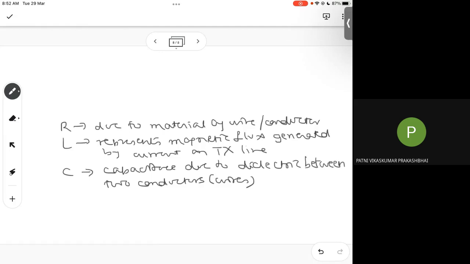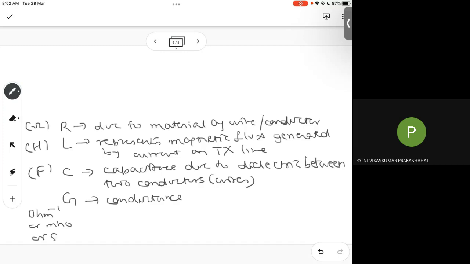And then we have the G. L has got the unit of Henry, C has got the unit of Farad, and G is what we call conductance. And conductance here is not the reciprocal of resistance, though it has got the unit of ohm inverse or mho or Siemens, whatever you call it.